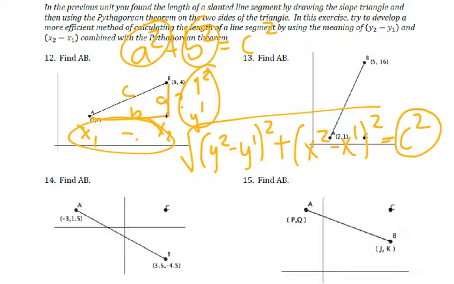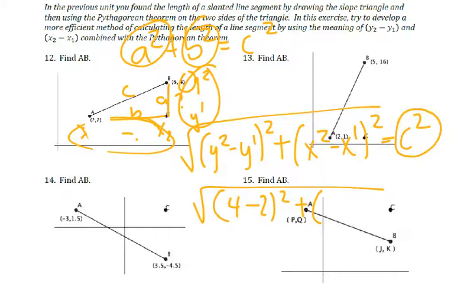So in essence, I could go square root of y2, which is 4, minus y1, which is 2, squared, plus x2, which was 6, minus x1, which was 2, squared.